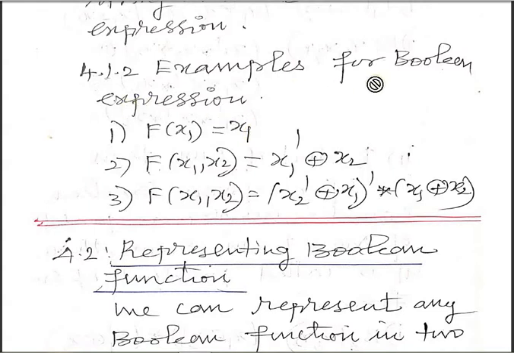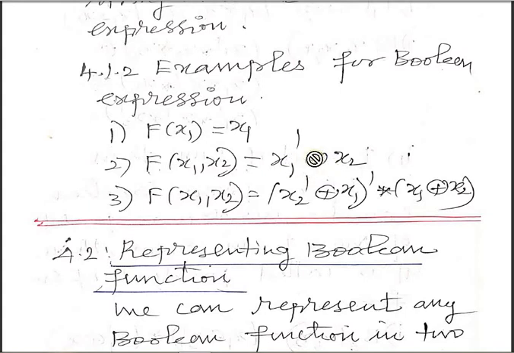Now let us take the second example, f(x1, x2), where x1 and x2 are Boolean variables. This is a Boolean expression because it is framed from the rules. x2 is a Boolean variable, and it is joined by x1 complement. x1 is a Boolean variable, therefore x1 complement is also a Boolean variable.